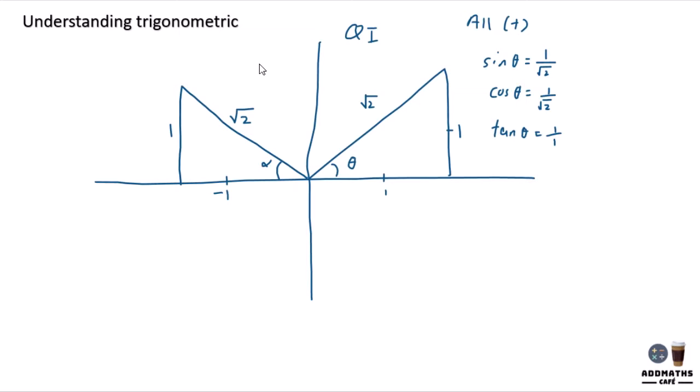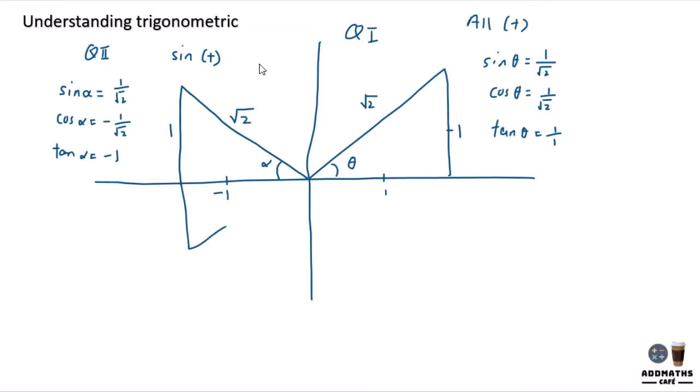And by finding in quadrant 2, sine alpha will be opposite over hypotenuse, which is 1 over square root 2, cos alpha, which is adjacent over hypotenuse, -1 over square root 2, and tangent alpha, opposite over adjacent, which is 1 divided by -1, will give you -1. So in this case, only sine is positive.